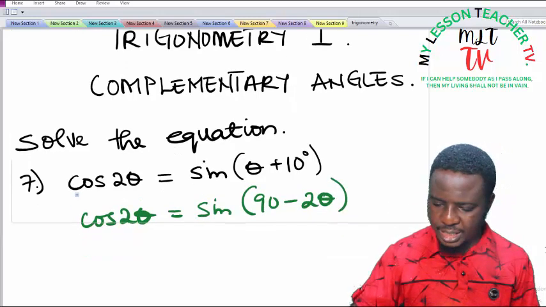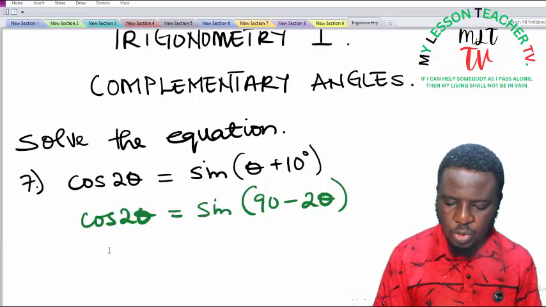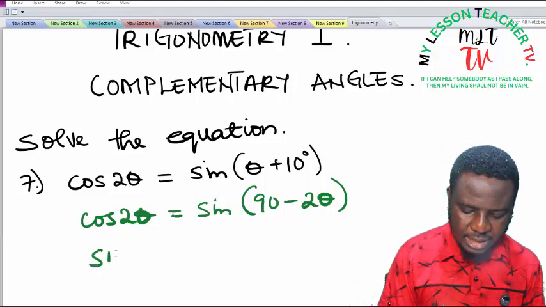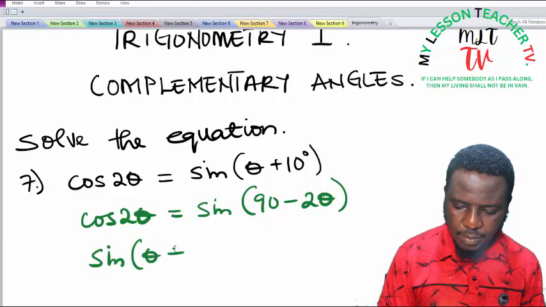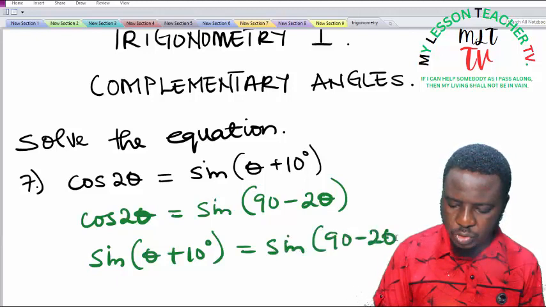So if this being the case, equation 1 and equation 2 are equal, then you can equate both of them together by saying sine theta plus 10 degrees is equal to sine 90 minus 2 theta.